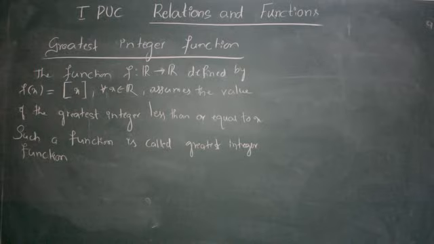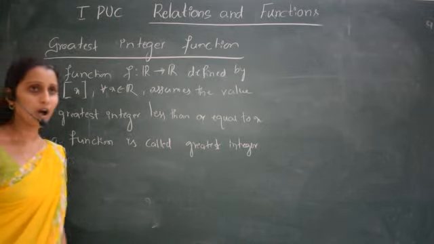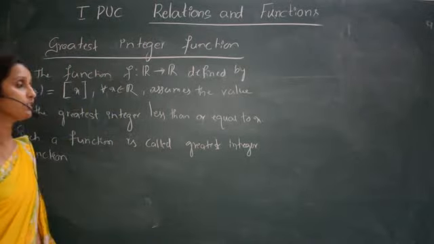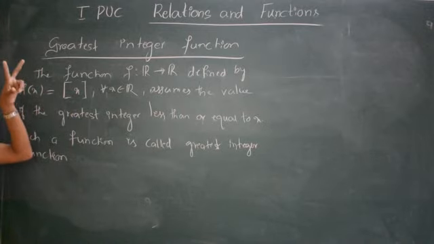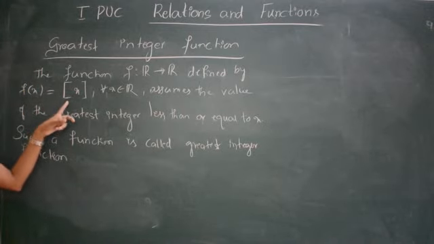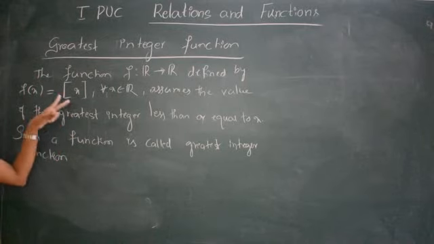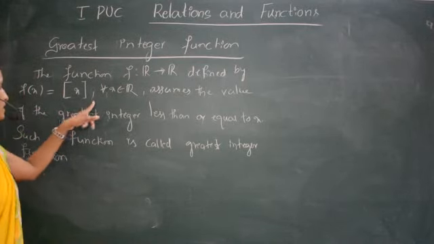So, the definition: a function f from R to R, real numbers to real numbers, which is defined by y equal to f of x equal to [x], closed bracket x, not modulus. Modulus means we write two lines, but here we write a closed bracket for all x. What is the meaning of this?